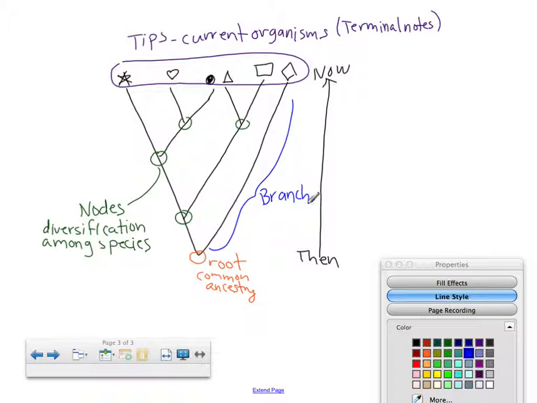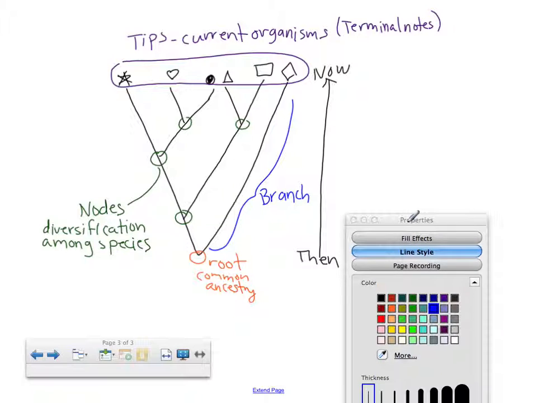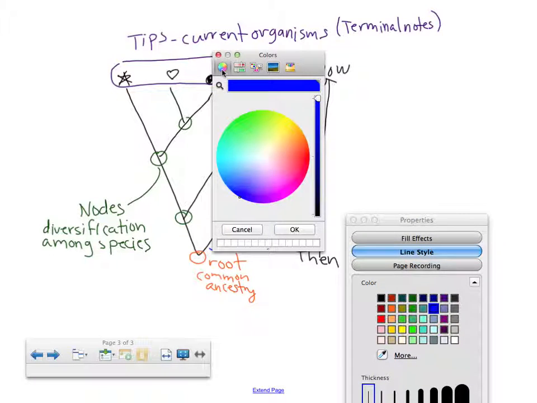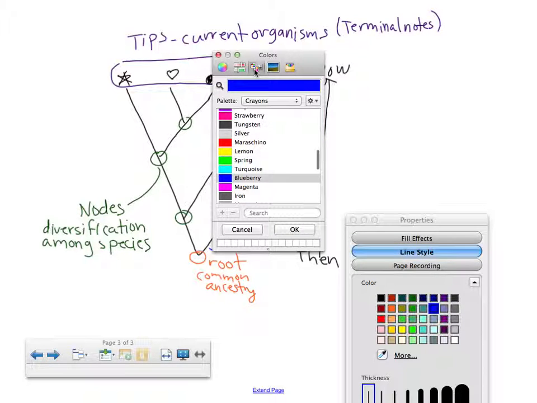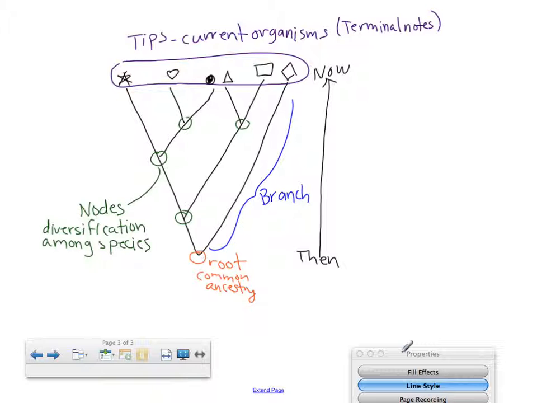It links things together. Okay? So far so good?